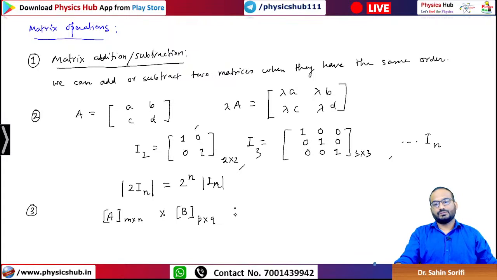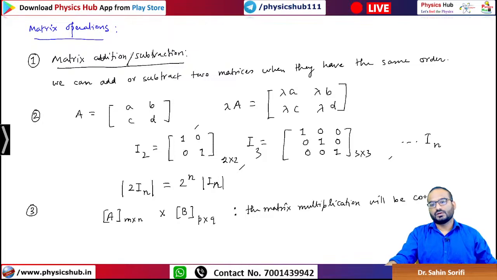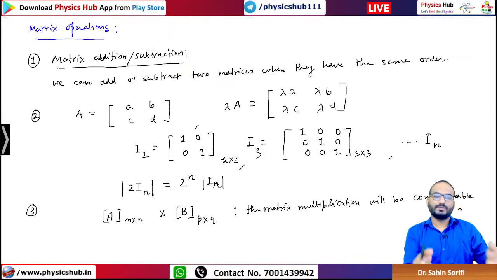Now these two matrices, the matrix multiplication will be conformable. Conformable meaning compatible to be multiplied.